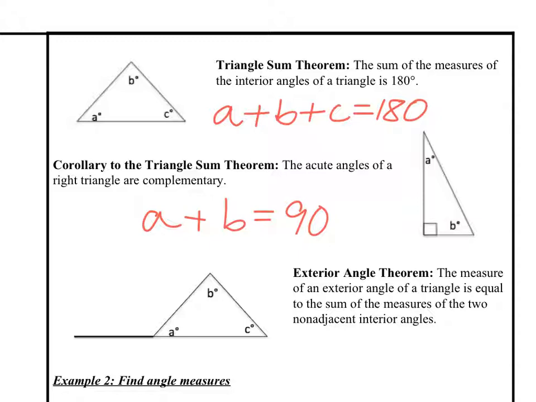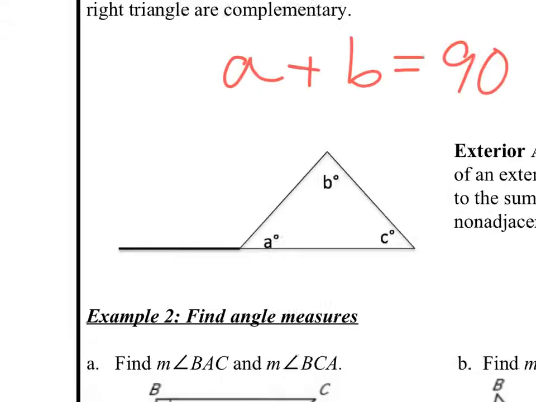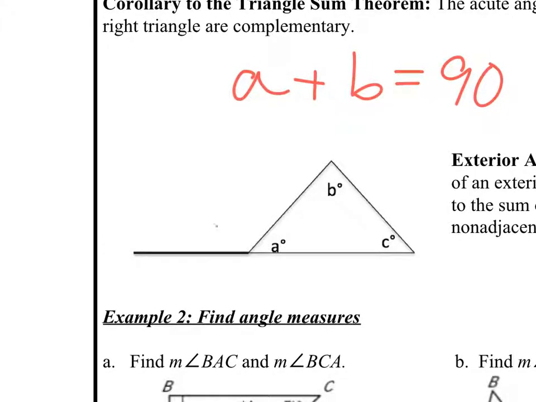And the last one here, and this is the one I want to show the video for, because this is the one that I see students forget the most. This exterior angle right here, I'll label it.